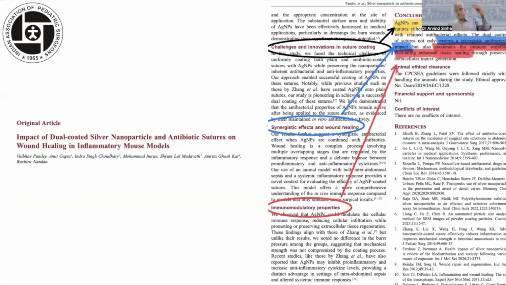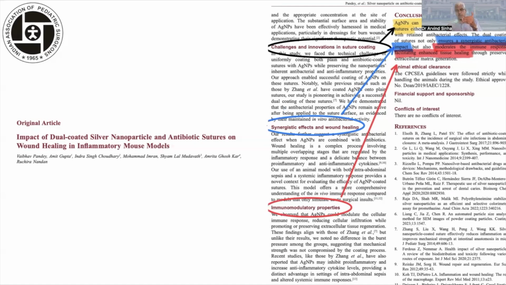Now, you've developed a point and you've got two or three points. How does it lead to the conclusion, right? I picked another paper from a recent article from JIPS by Dr. Weber Pandey, where they used dual coated sutures, right? Antibiotic sutures and silver nanoparticle coated, compared, and espoused the virtues of that.